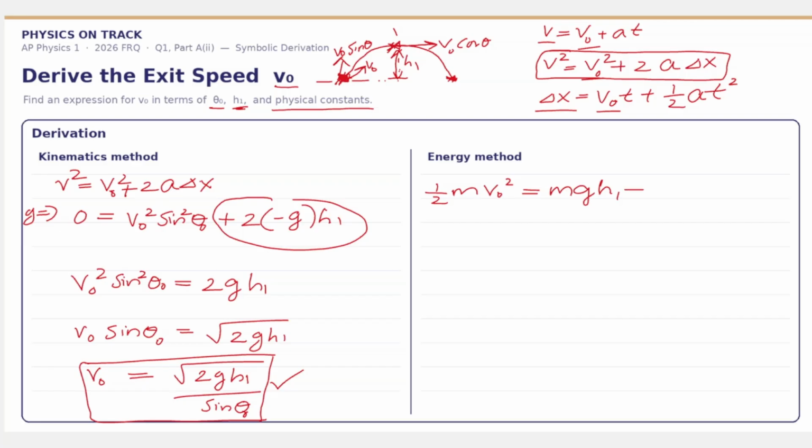That means there is a kinetic energy at that point, which is 1 half times m times the velocity squared. The only velocity there is v0 cos theta, so v0 squared and then cos squared theta. And now first of all, we can see the mass is not a factor, because you can cancel the mass from all the terms.